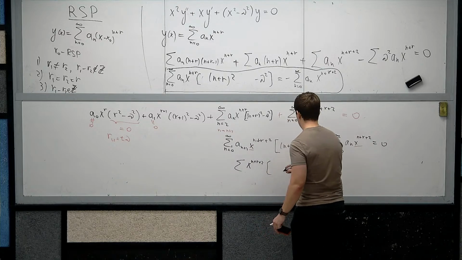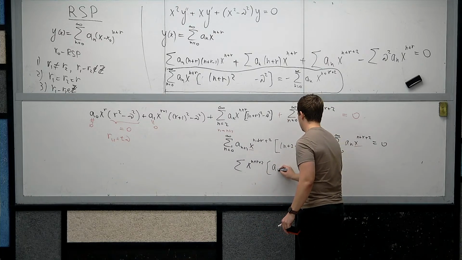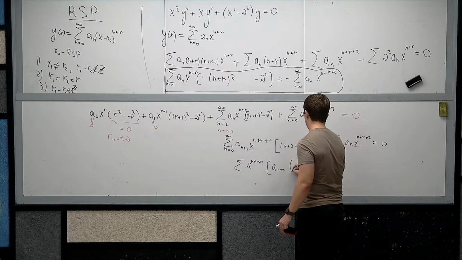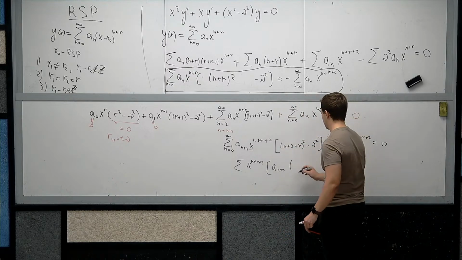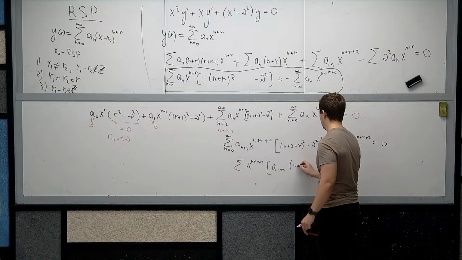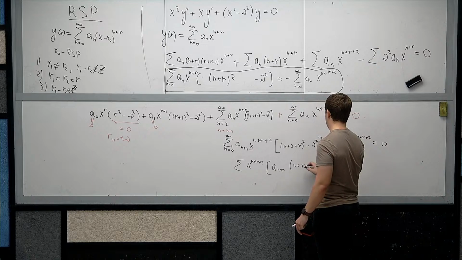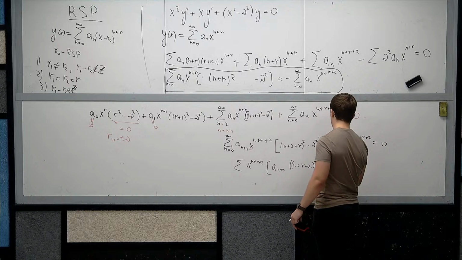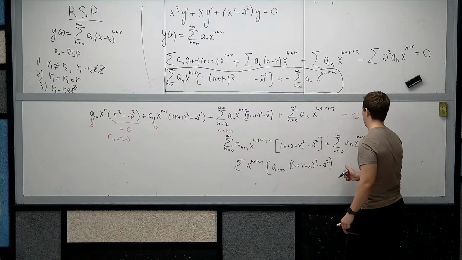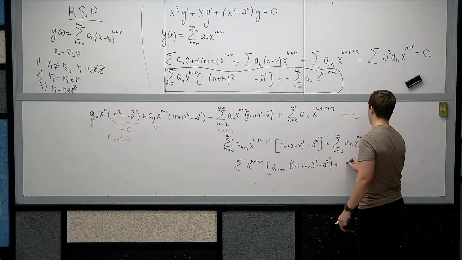Here is a n plus 2 multiplied by this term, n plus r plus 2 squared minus mu squared, plus a n.